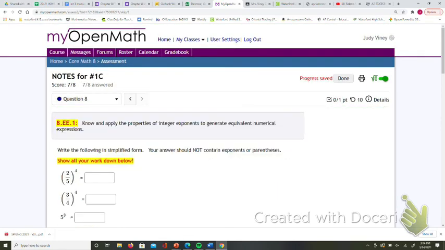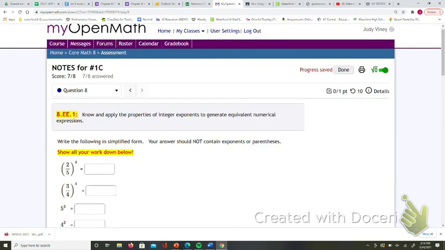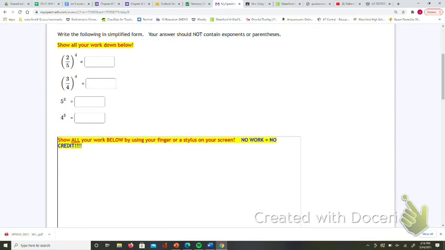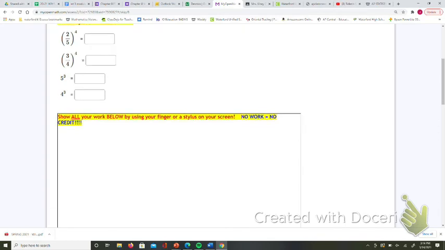Number 8, which is the last question. So we have 4 problems to do. So we have 2/5 to the 4th power. So that means that we are doing 2/5 times 2/5 times 2/5 times 2/5.